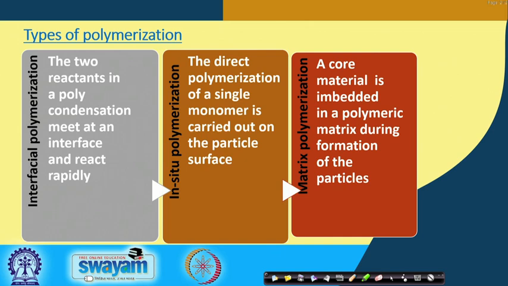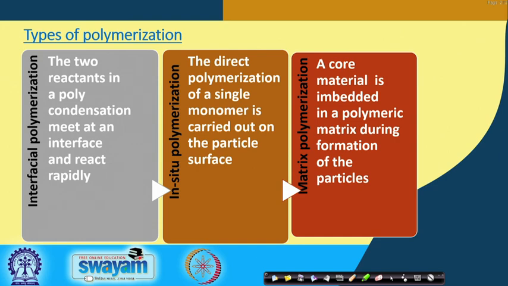The polymerization can be conducted in 3 ways. One is interfacial polymerization, another is in situ polymerization, and the third is matrix polymerization. In interfacial polymerization, 2 reactants in a polycondensation meet at an interface and react directly.